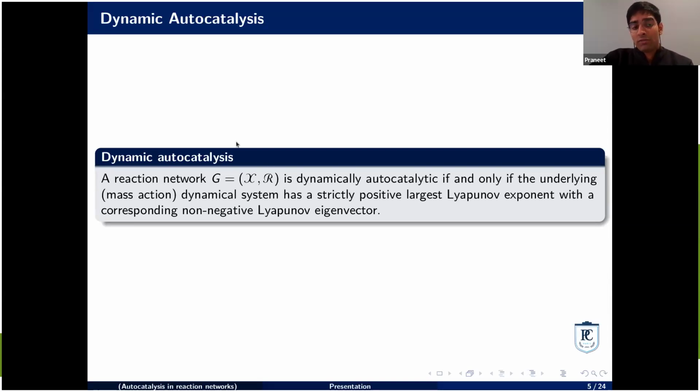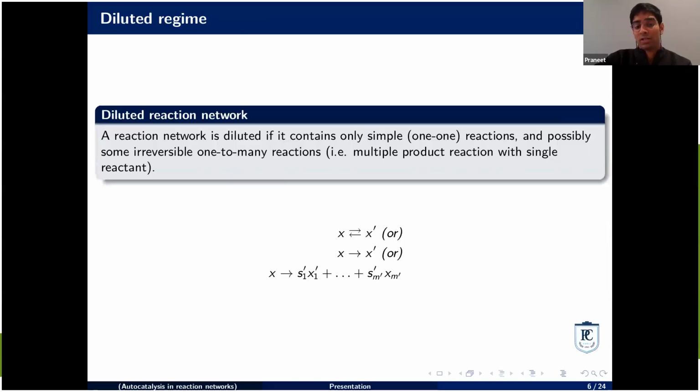Then, given this definition of dynamic autocatalysis, we would want to investigate things in a specific regime, which we call the diluted regime. What we mean by a diluted regime is that the concentration of all species is very low. Why we pick this specific regime is because the main shine of autocatalysis is that it can increase the concentration of something exponentially.